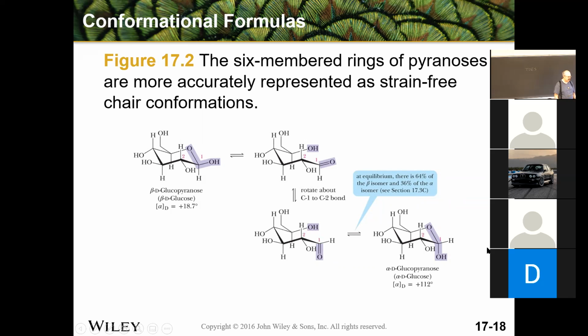So this is in constant equilibrium. The ring is continuously opening and closing, but the favored equilibrium forms are actually the cyclic forms. And you have almost twice as much of the beta as you do the alpha at equilibrium.